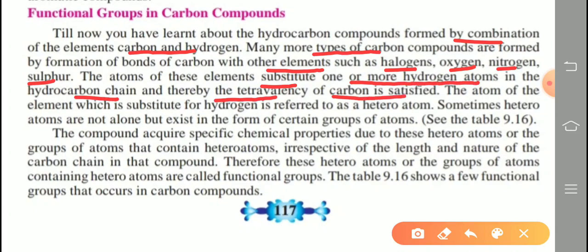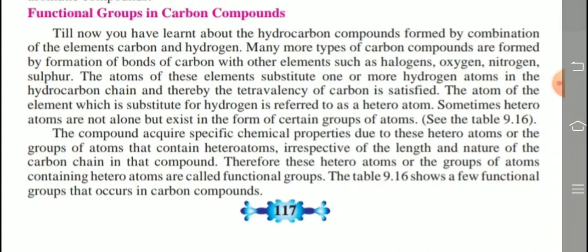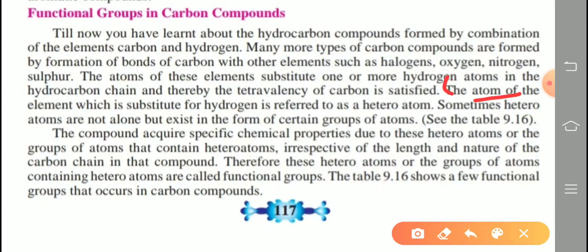The atoms of the elements which substitute for hydrogen are referred to as heteroatoms. Instead of hydrogen, we are using halogen, oxygen, nitrogen or sulfur, so these atoms are called heteroatoms.